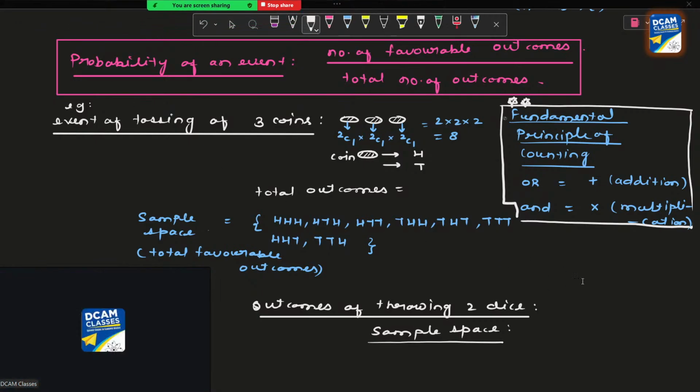Think and then tell me the outcomes of throwing two dice. Then I'll tell you about calculating the probability.